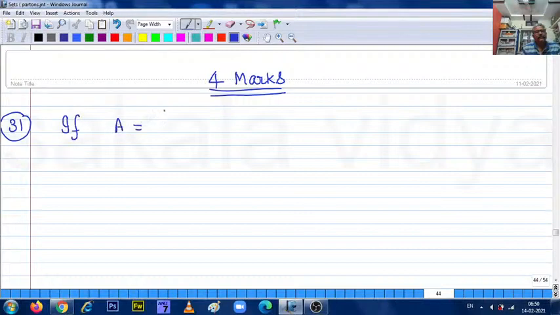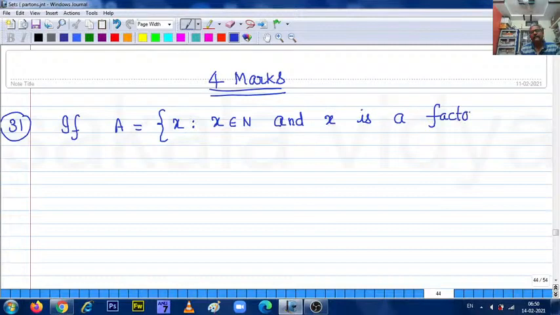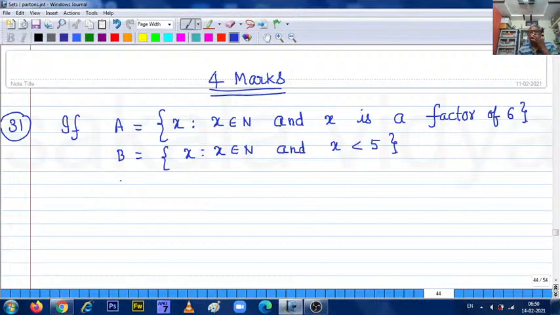If A equals X such that X belongs to N, natural number, and X is a factor of 6, B equals X such that X belongs to N, natural number, and X less than 5, C equals X such that X belongs to whole number and X less than 7.